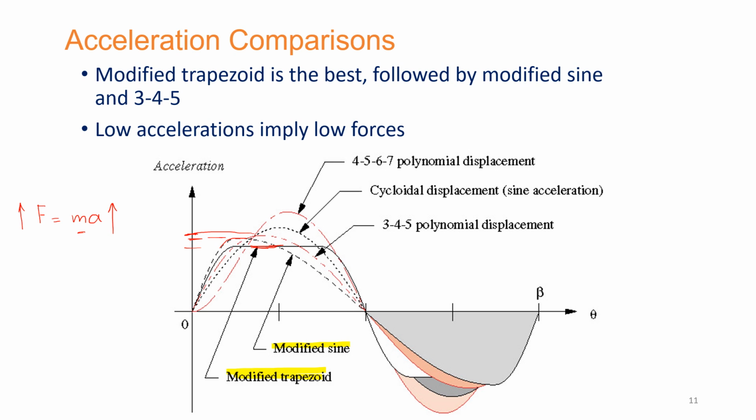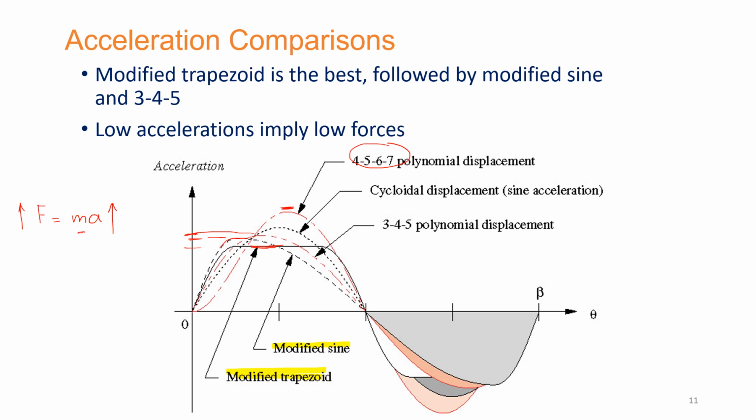And on top of that, you can also realize that the polynomial that we solved last time, that is, the 4, 5, 6, 7 polynomial, we said over there that the kinematic values are going to be a bit higher because the coefficient values turn out to be a bit higher.